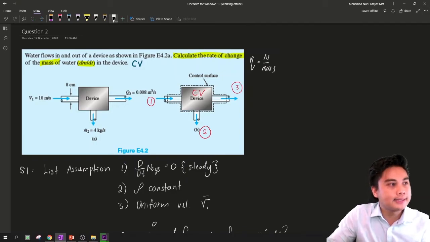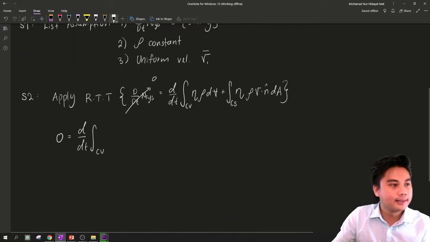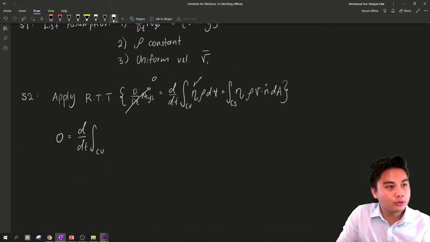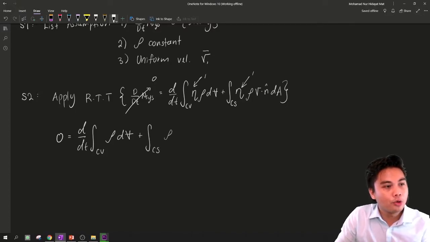N here is the mass, so mass divided by mass is equal to 1. Then we replace the intensive property with 1, leaving only density dV plus the integral of the control surface rho v dot n dA.